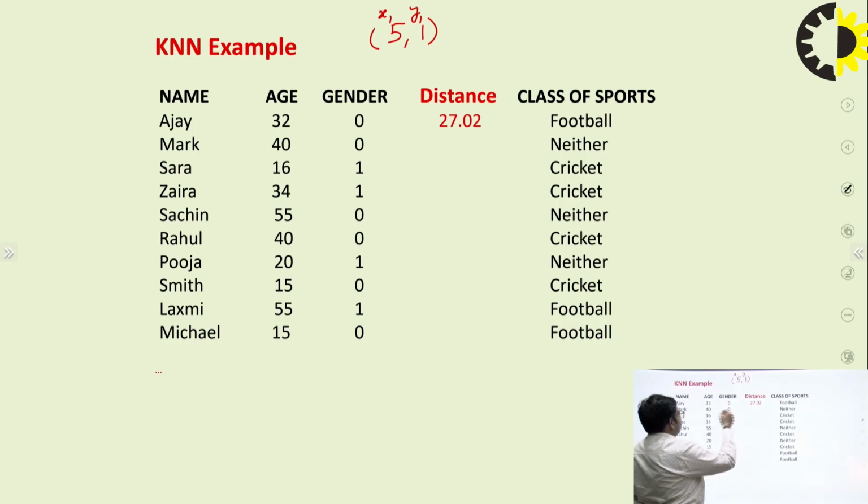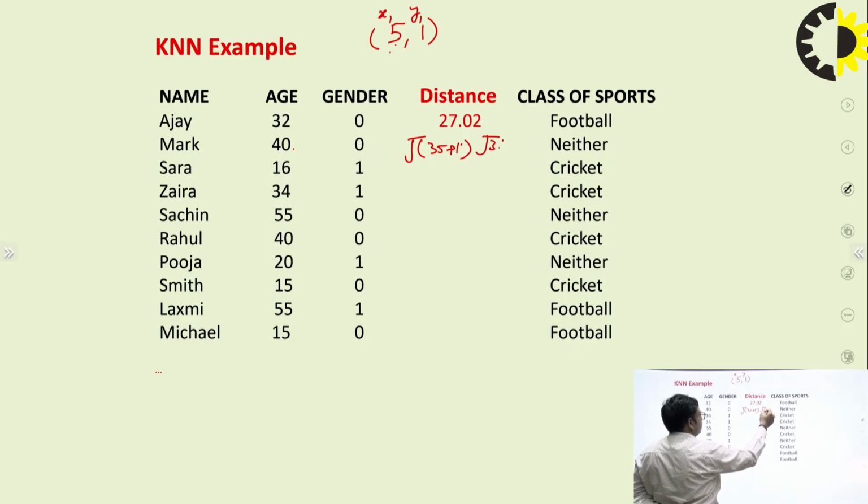So it would be 40 minus 5, whatever you can keep it, because the whole square makes it a positive value as well. So this would be 35 plus 1 under root, so we can say under root of 36.